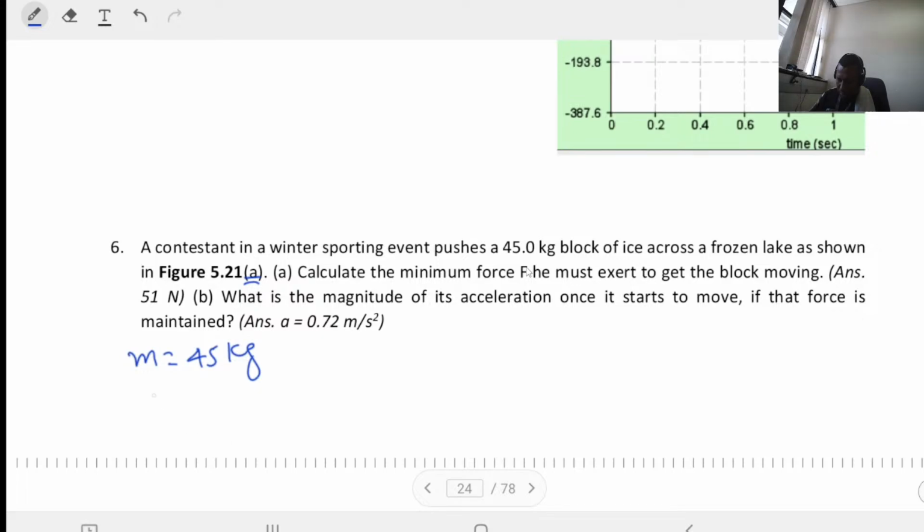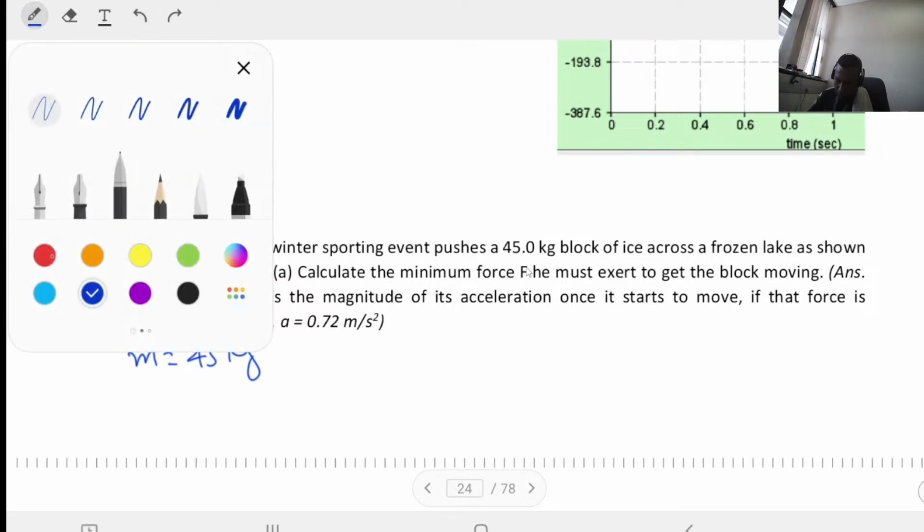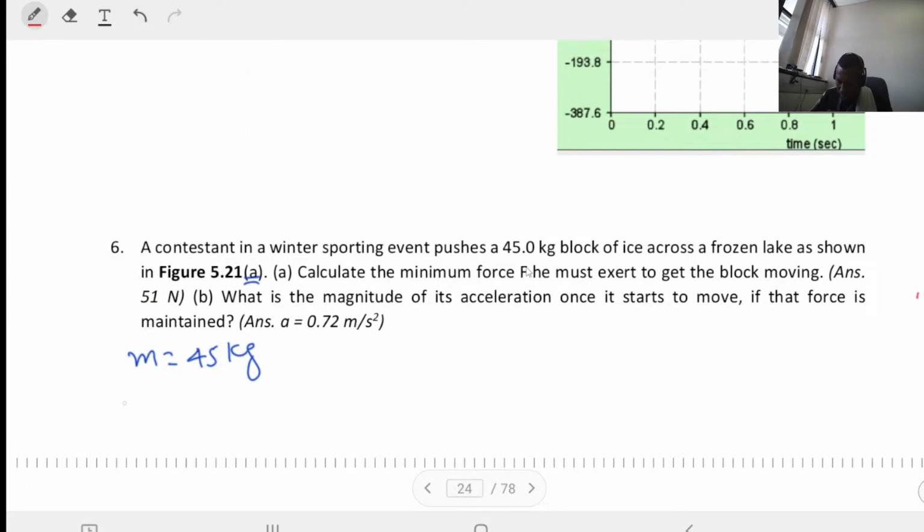In principle, it doesn't have friction. In one sport event he pushes with this much force across a frozen lake. Okay, the question is calculate the minimum force F. Okay, the minimum force required. Therefore, F, remember the diagram. Let me redraw it here. This is the ice.